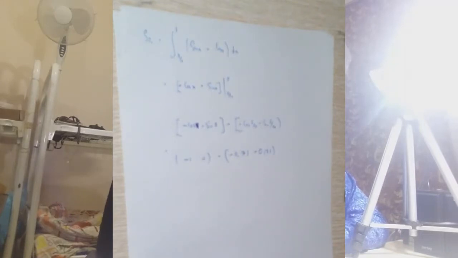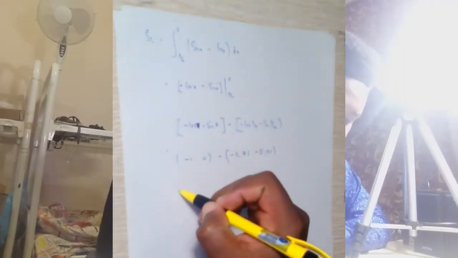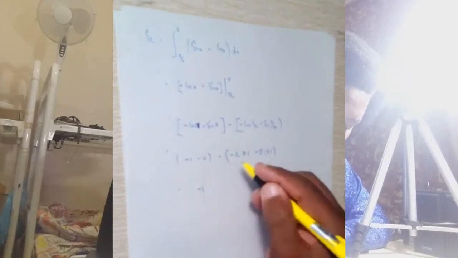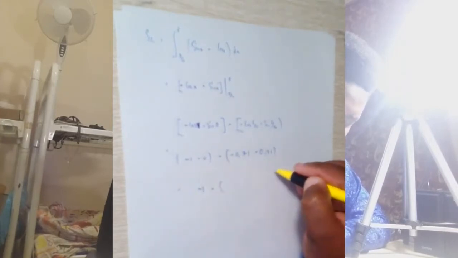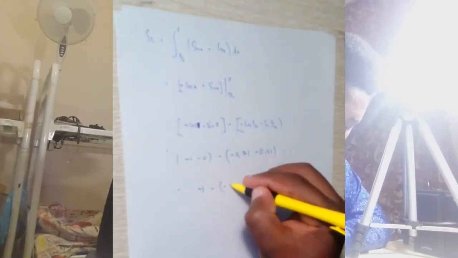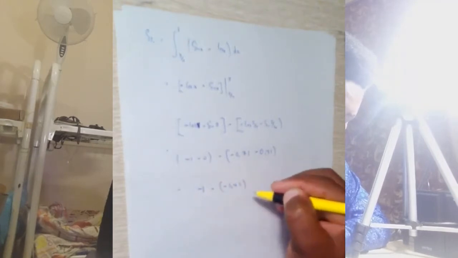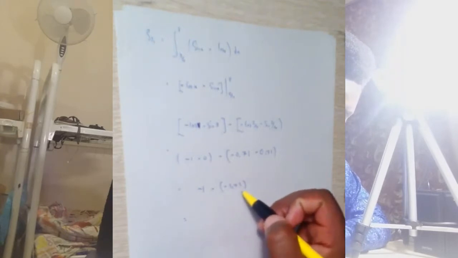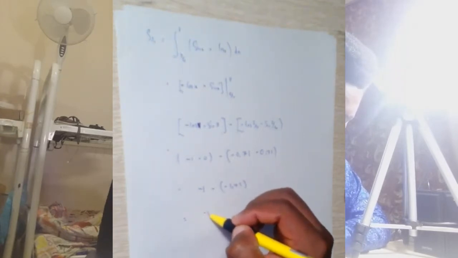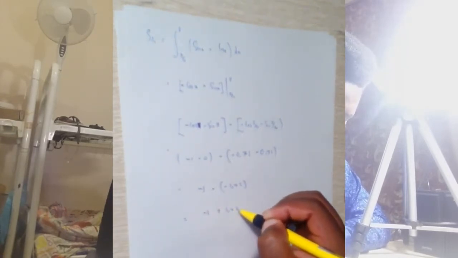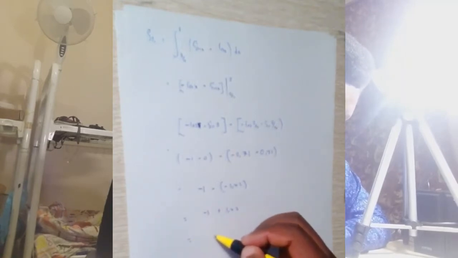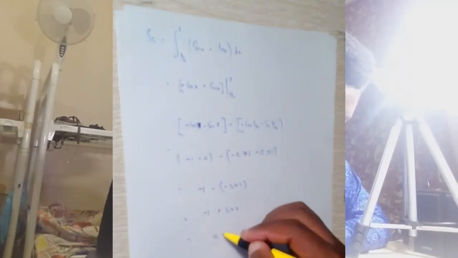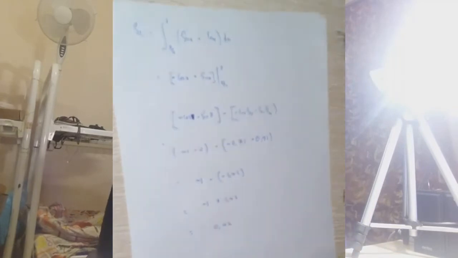Solving it, it will give me -1 minus negative 1.42, which is -1 plus 1.42, and here it will give me a positive 0.42. Okay, this is my S2.1.